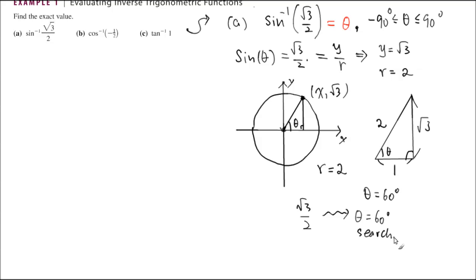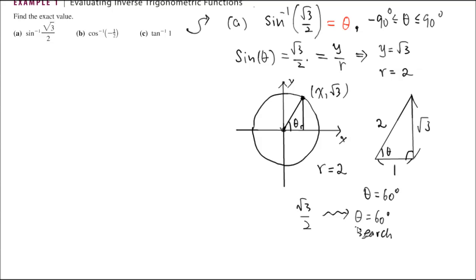You searched your database, if you think about it that way. It happened to be in your database, right? 60, you know that's the only angle that does it. That's what I'm talking about, that table. You just go through and find out where they are. And that's what we just did. So in general, you can see that there's no way you can actually do this other than searching.